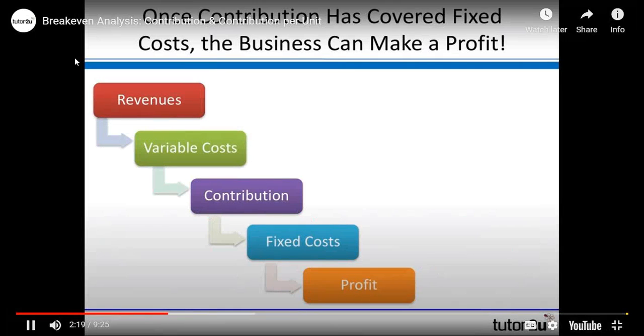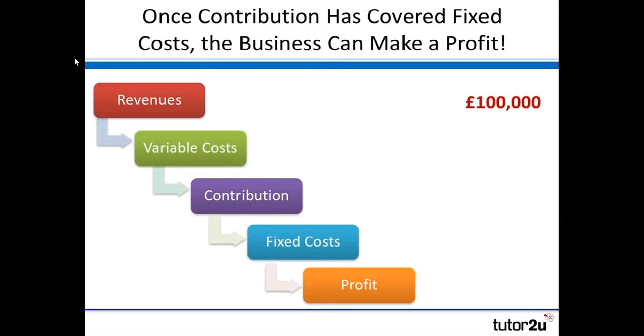Let's have a look at contribution in a little bit more detail to illustrate how it's calculated. Now, the important point is that once I've covered my fixed costs with my contribution, every additional unit should go straight through to profit. Let's just illustrate that with this simple example. In this case, I've got revenues of £100,000 in my business.